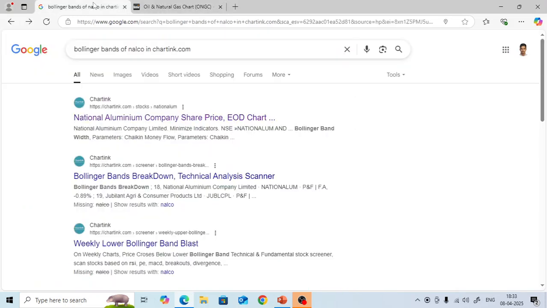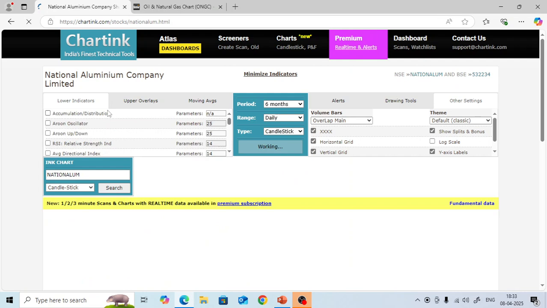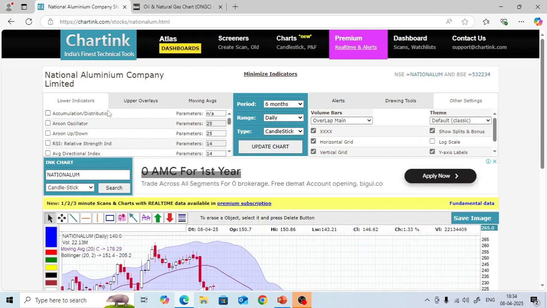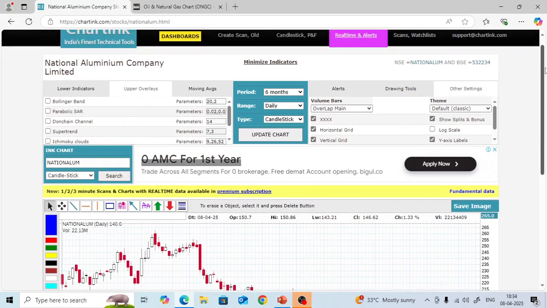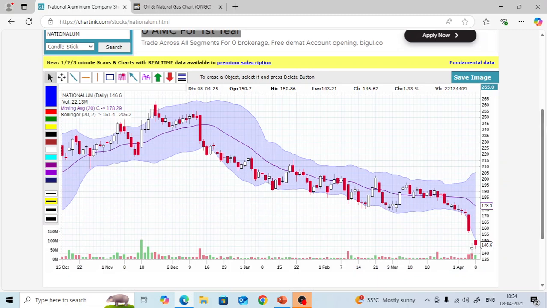Let me also check Bollinger bands for NALCO, National Aluminium Corporation, on the chart. From this chart, I have to select upper overlays, where there is Bollinger band overlay, and the chart is updated. This is NALCO's Bollinger band.